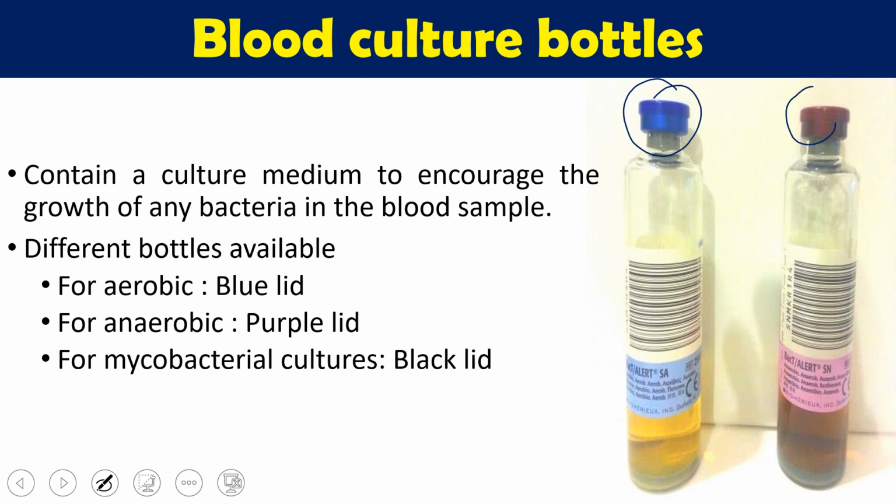When we want to grow aerobic bacteria, we select a blue color lid, as you can see here. If we want to grow anaerobic bacteria, we require a purple color lid, as you can see here. Alongside a variety of others, one with a black lid is normally used for mycobacterial cultures. So for mycobacterium we can use the black color bottle.